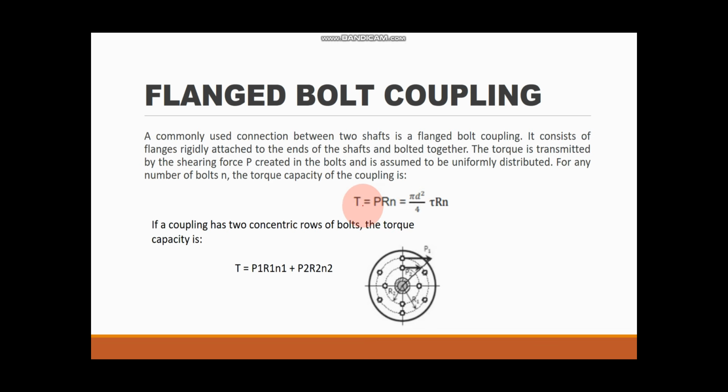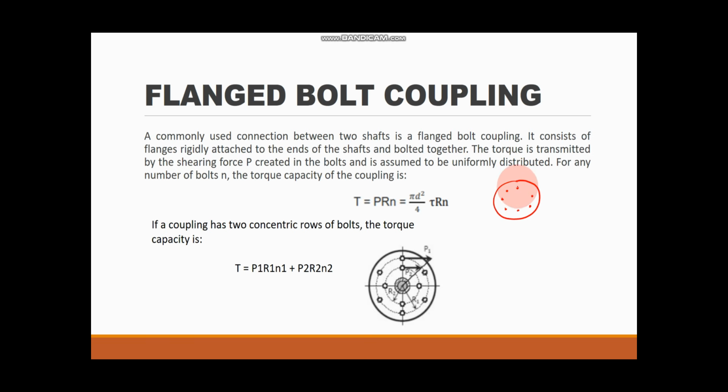For any number of bolts, the torque capacity of the coupling is given by this formula, in which the torque is equal to the force that acts at the center of the bolt and also tangent to the bolt circle, multiplied by the radius of the bolt circle multiplied by the number of bolts. So, i-drawing natin yan, parang ganito. So, these are the bolts na naka-attach sa ating flange.